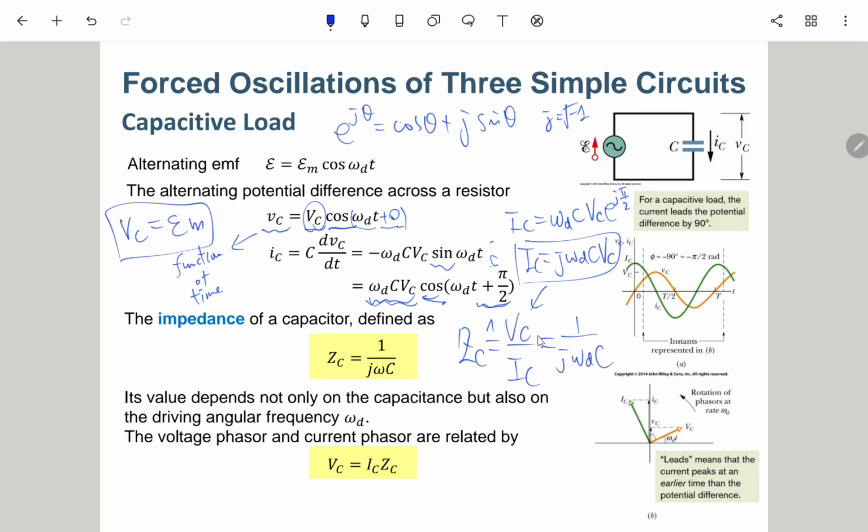And actually, if we define ZC equals VC over IC, you can also write it as VC equals IC times ZC. So this is like we try to generalize the Ohm's law, the Ohm's law for the capacitor and also for the inductor in the next page. But originally, if we write it as a function of time, it turns out to be a differential equation.